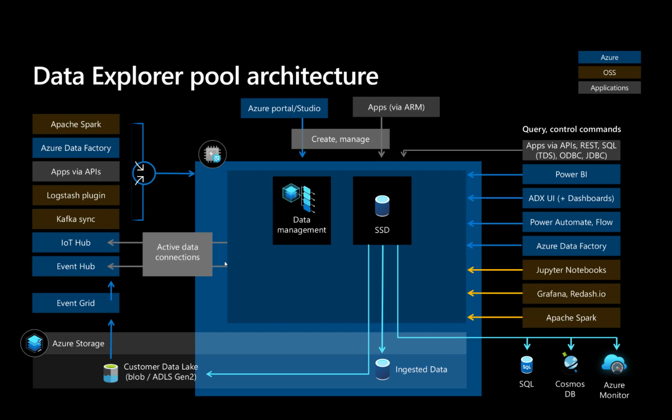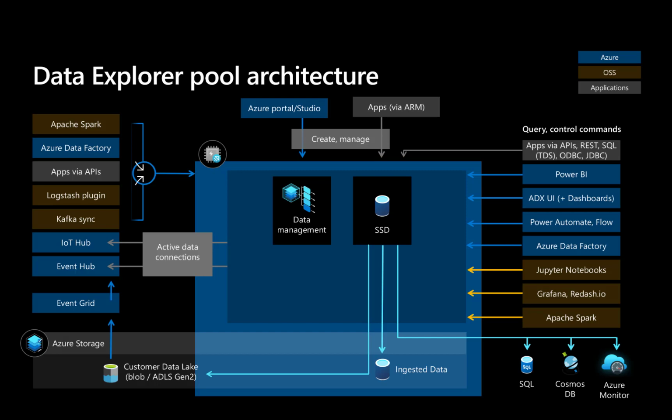Here is an architecture slide that I want to briefly cover. Essentially, when you're creating a Data Explorer pool within Synapse, and we'll go through this in the demo soon, you're going to provision a Synapse workspace, and then you're going to create a Data Explorer pool. And this pool that you create has compute and storage, which are decoupled.